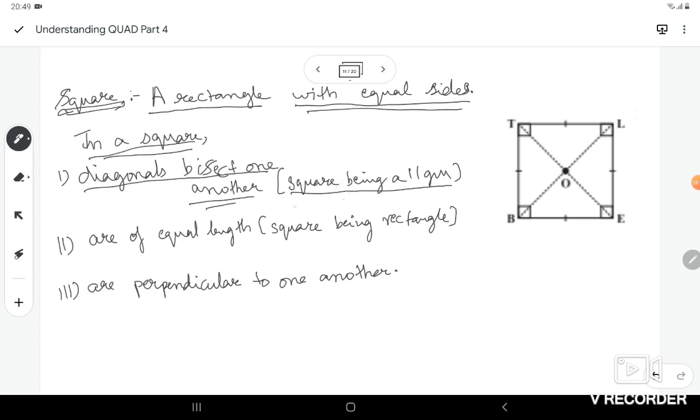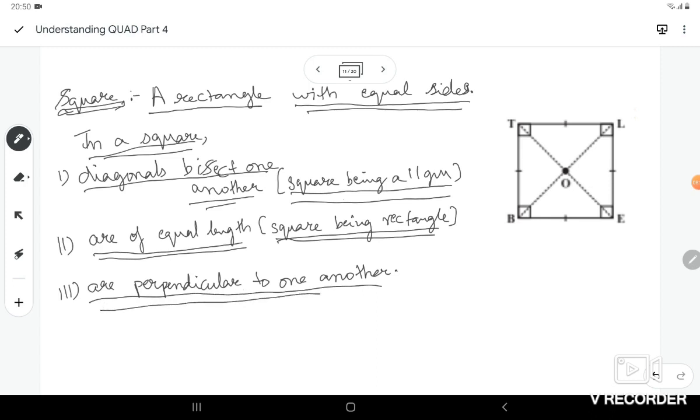As a rectangle is also a parallelogram, so a square becomes a parallelogram. Diagonals are of equal length, square being a rectangle, and diagonals are perpendicular to one another.